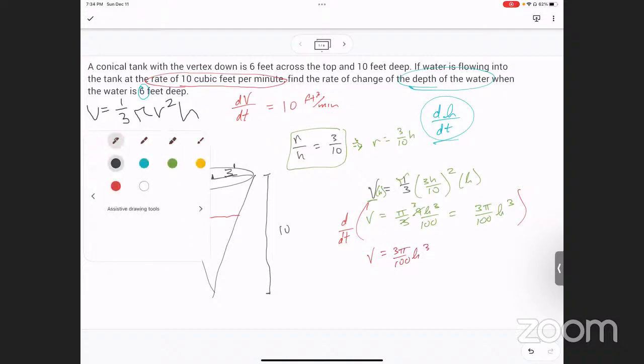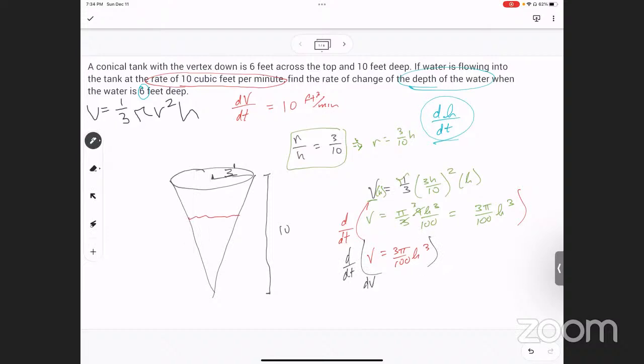So when I take the derivative of this whole thing with respect to t, I get dV/dt on the left. And then I should take this 3 pi over 100 out, and then multiply it by the derivative of h cubed, which is 3h squared, and then multiply that by dh/dt.